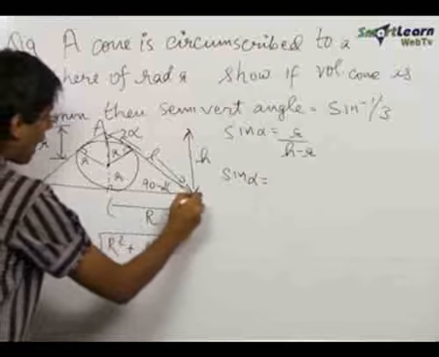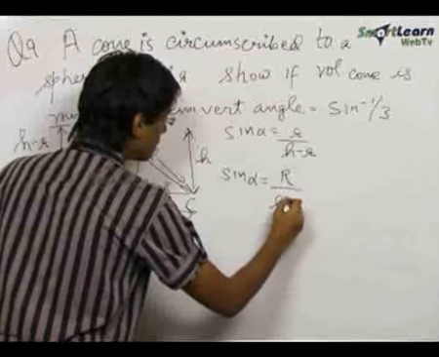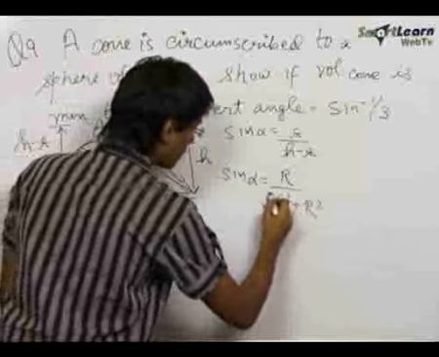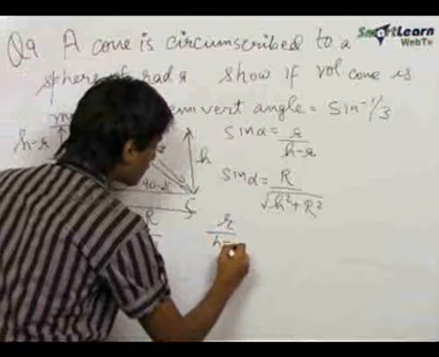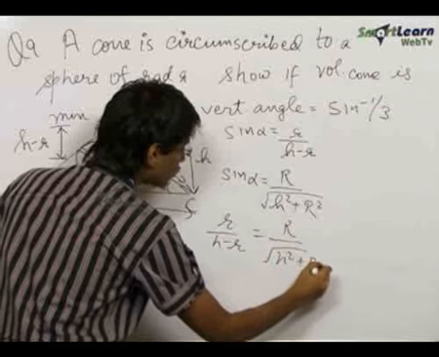This is equal to R upon L, that is R upon under root of h square plus R square. Equating both these, we have r upon h minus r is equal to R upon under root of h square plus R square.